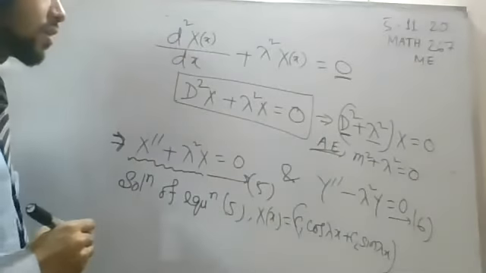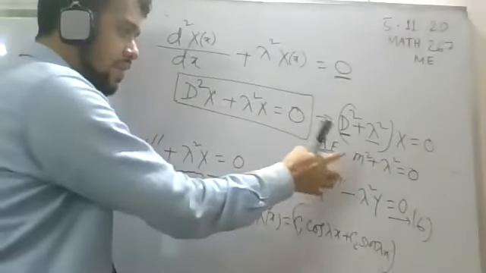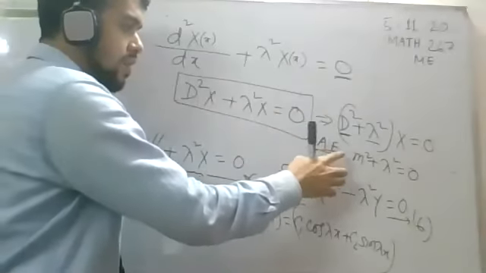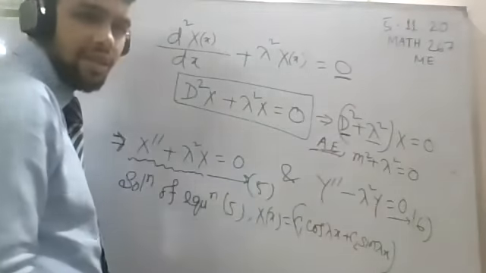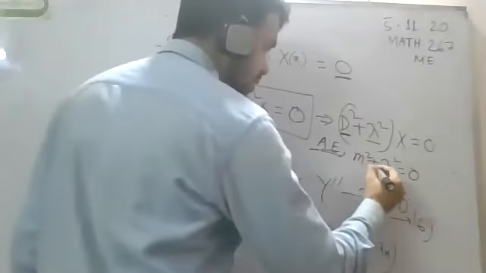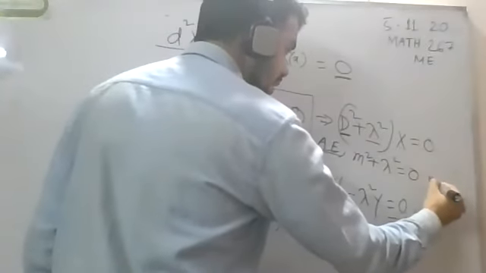The main thing is you have to find the auxiliary equation from your given equation, and after that you can find the roots from here.